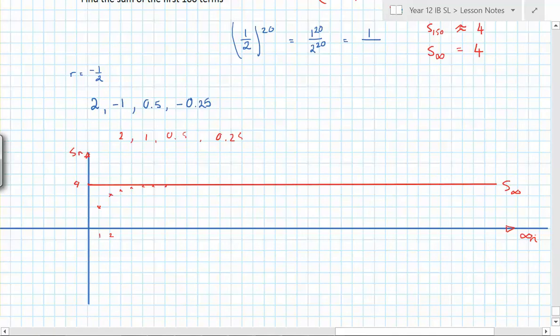What happens though if I use this other one? The first point's the same. What's the next point? So then it's 1.5, then it's... Would that change the asymptote?